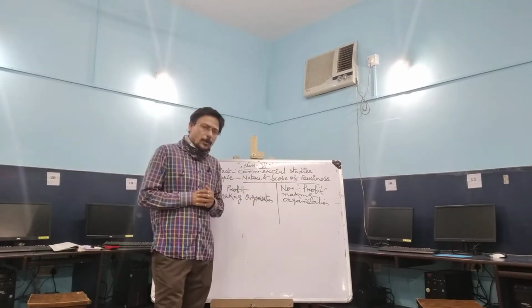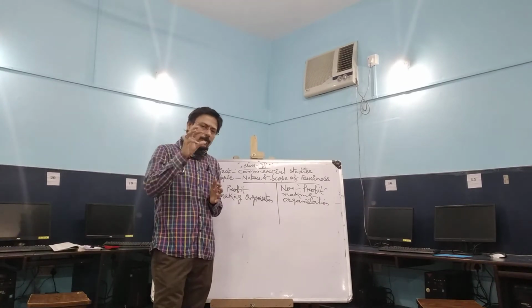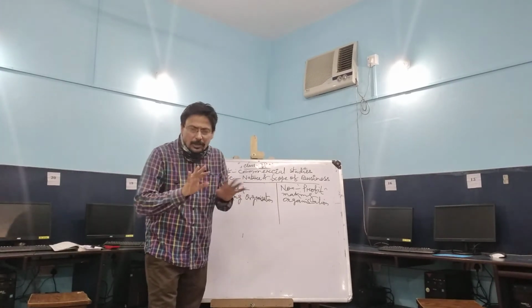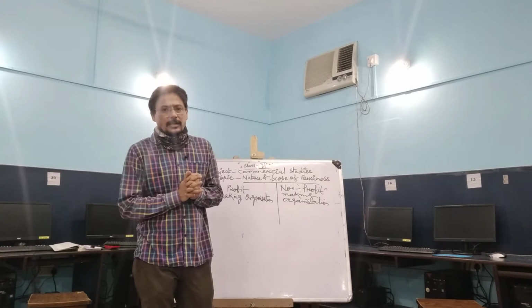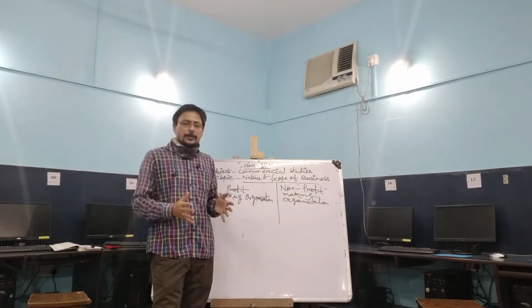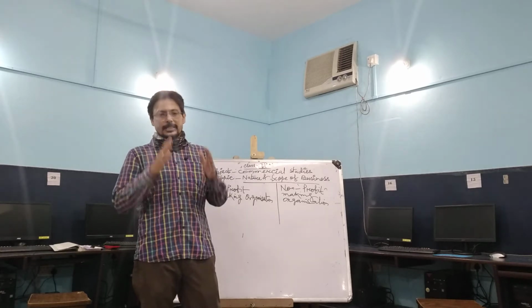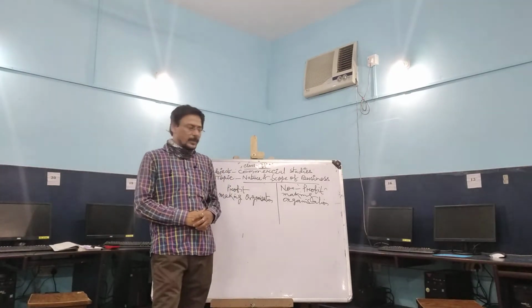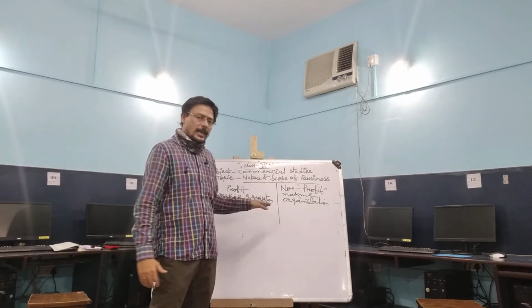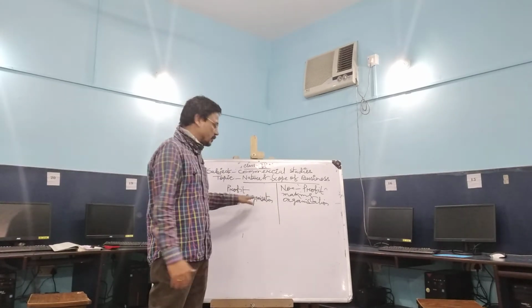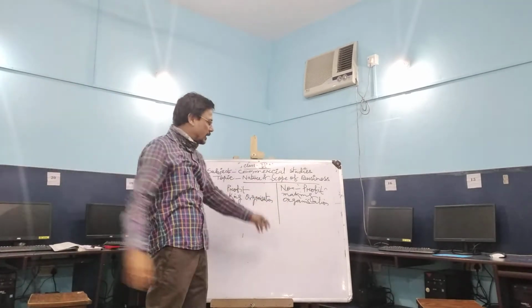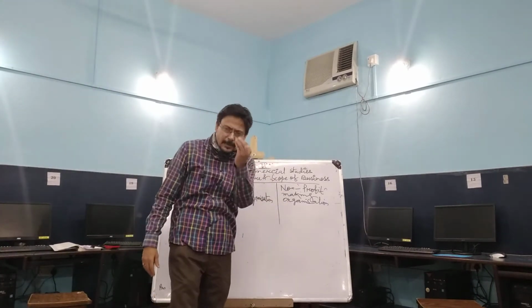But non-profit making organizations are not dealing with profits. They are not thinking about profit. They have only the service motive to the society and different people. So profit-making organizations have a large impact in the society, but non-profit-making organizations have a very small impact.